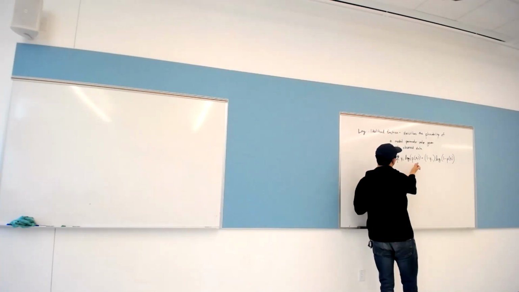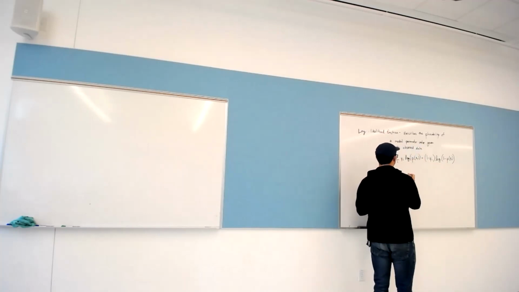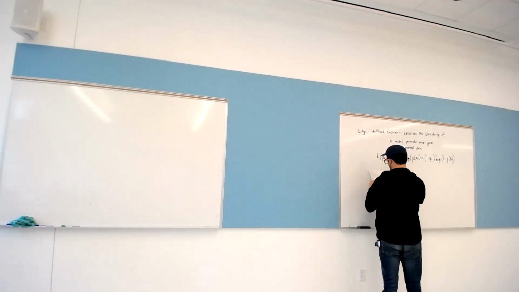So each of the outcomes basically get logged times your y's. And this will end up looking something like this.